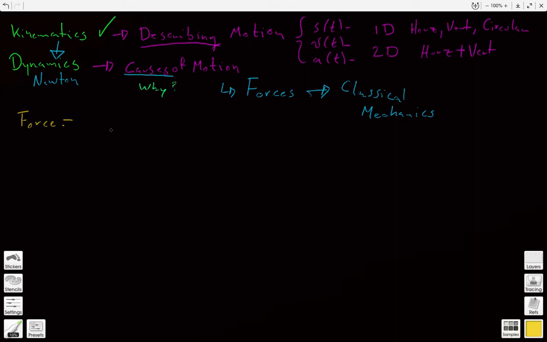For example, we normally experience forces as pushes or pulls. When we think of force, we think of something that pushes or pulls, and that is not necessarily true. A force doesn't necessarily push and doesn't necessarily pull.